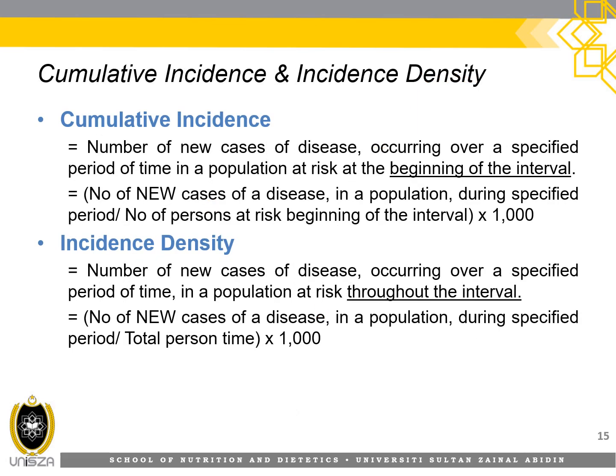This slide shows the main difference between cumulative incidence and incidence density is in the denominator. Cumulative incidence involves the population at risk at the beginning of the interval, whereas incidence density involves a denominator of population at risk throughout the interval.